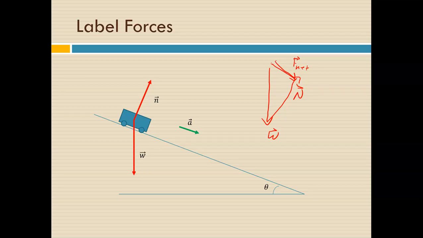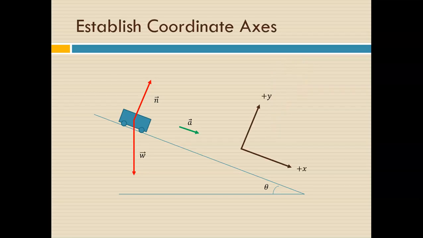I could still find the acceleration using the Pythagorean theorem, but let's pull a little trick. I'm going to choose my x-axis to be the direction of the acceleration. If I do that, my acceleration is only going to have one component, the x component. See how that makes it a little bit easier?